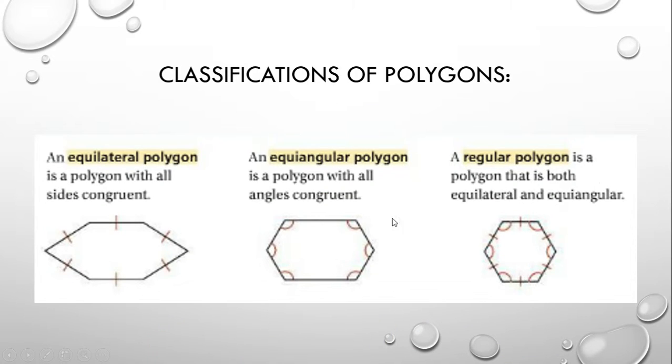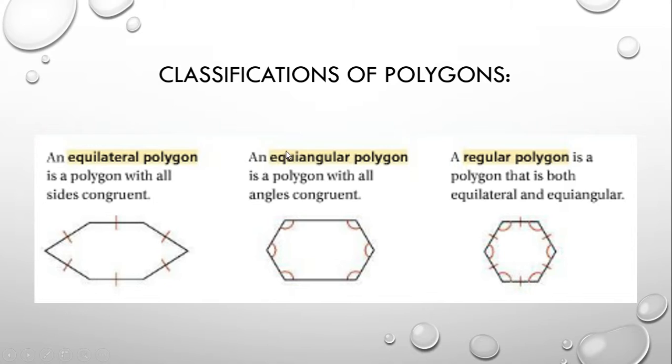Okay? Now we need to know how to classify certain polygons so that when I say certain words in class, you know what type of polygon I'm talking about. If I say equilateral, I'm talking about the lengths of whatever shape you have, they're all the same length.